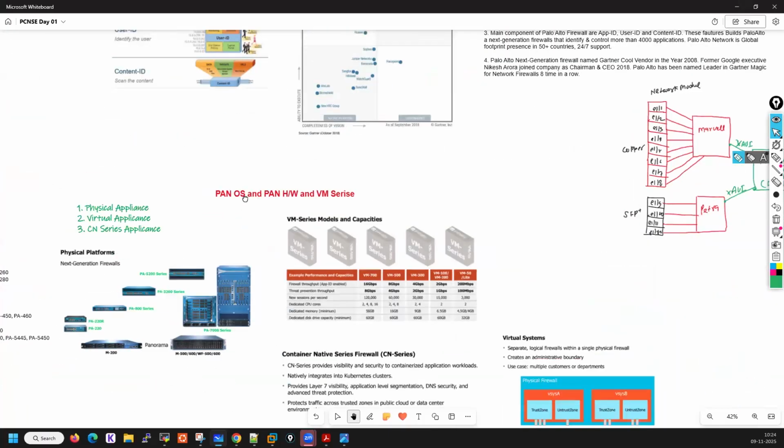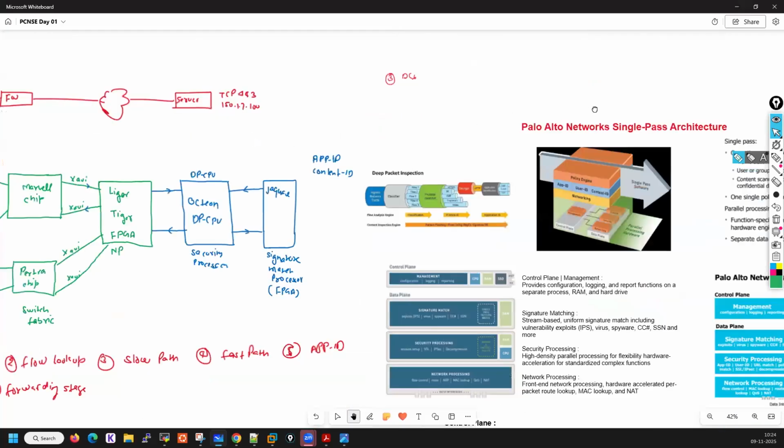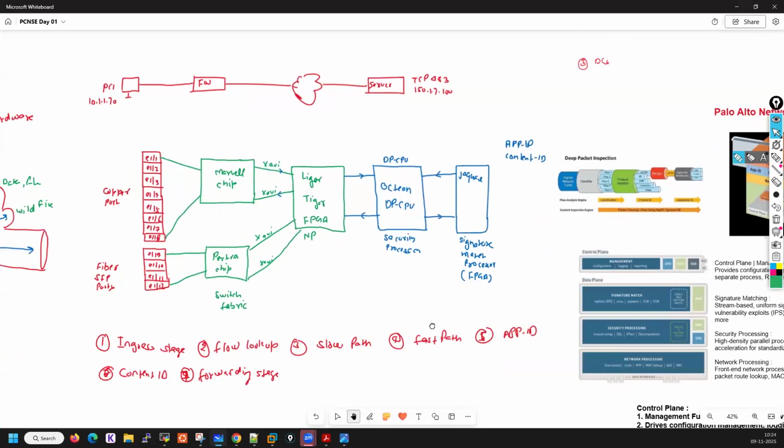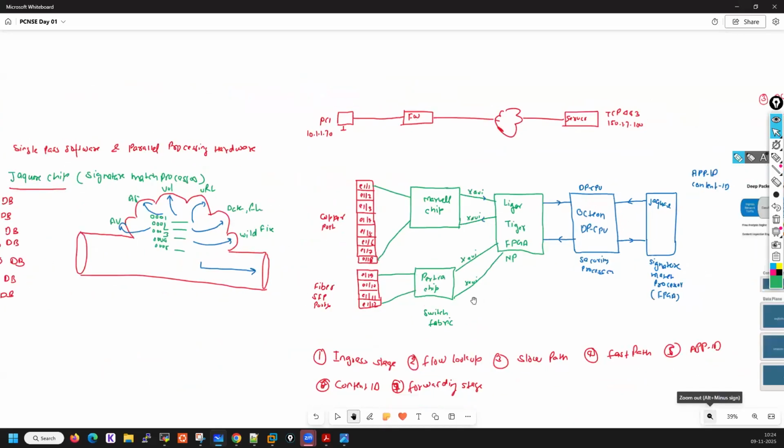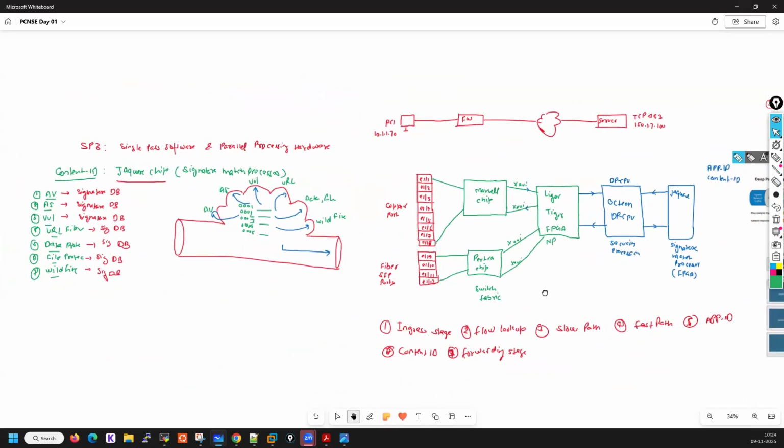What do we have apart from this? Let me clean this and redraw this diagram so you will understand it better.